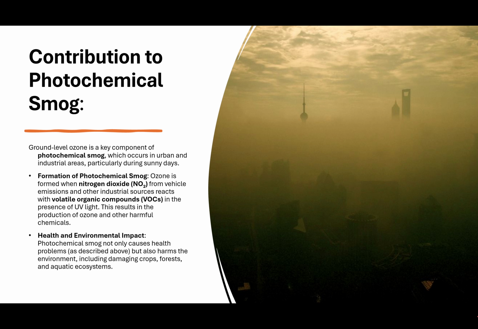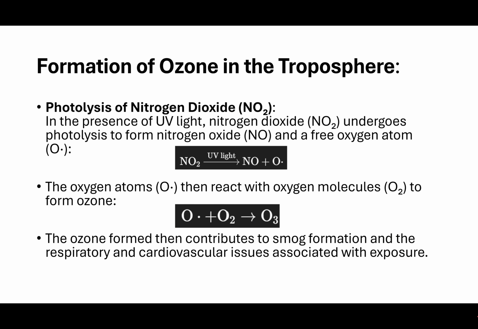It results in the production of ozone and other harmful chemicals. This smog not only causes health problems but also harms the environment, including damaging crops, forests, and aquatic ecosystems. This picture here is just a city covered in photochemical smog. In highly industrial areas, we're going to see the prevalence of photochemical smog.